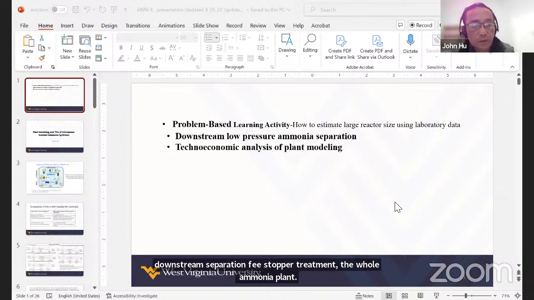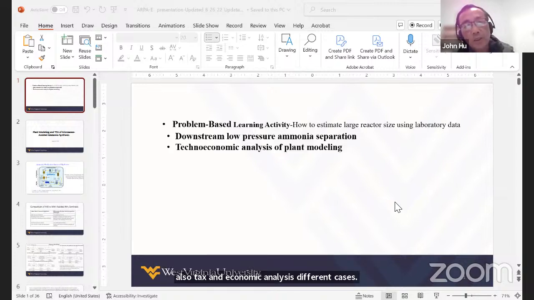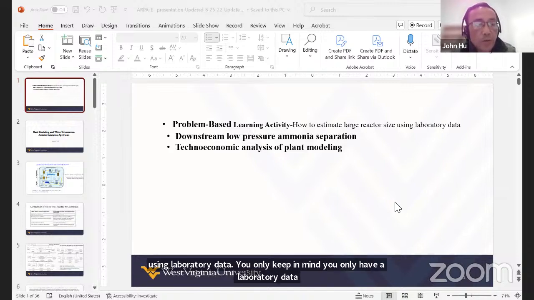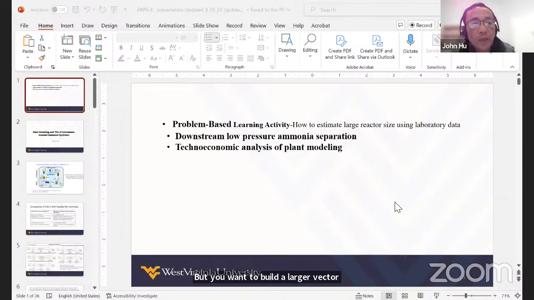Anyway, I will walk through it step by step. We need to talk about how to estimate the large reactor size using laboratory data. Keep in mind you only have laboratory data, but you want to build a large reactor. What's the rule of thumb, how do you estimate, and what data do you need to measure? Make sense? All right.